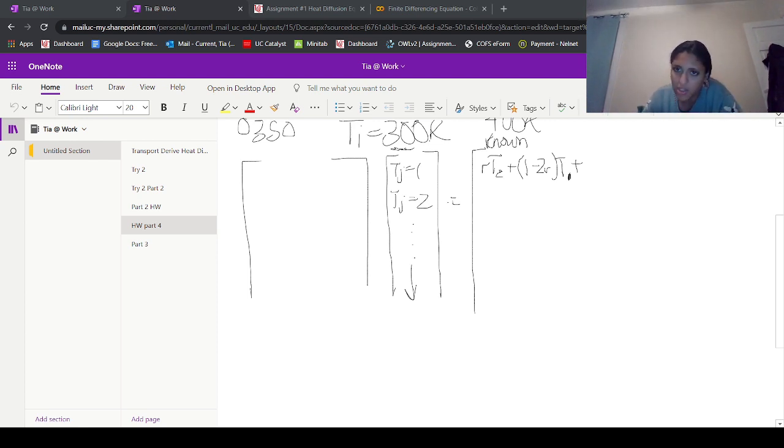And then this next one is going to be the J minus 1, so that would be R, T, and then 0, right? And you kind of just do this with all of them, right? So R, T, and then it's like 3 because it's the next one, plus 1 minus 2R, T2, plus R, T, and then 1, I believe. Yes. And so let me zoom out of this real quick.